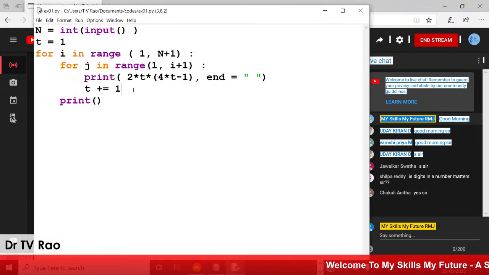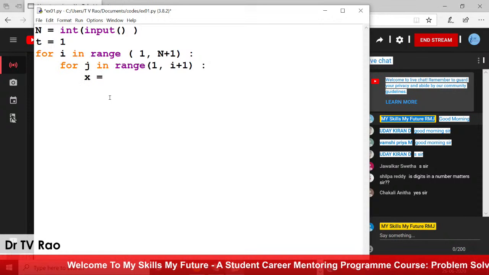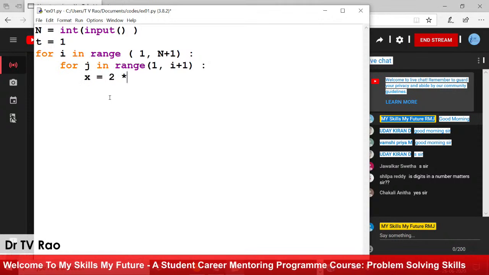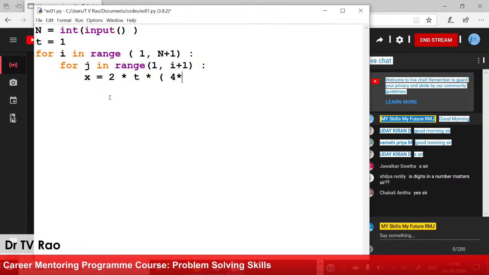Now say let the term be x, so 2 into term number into 4 into t minus 1.